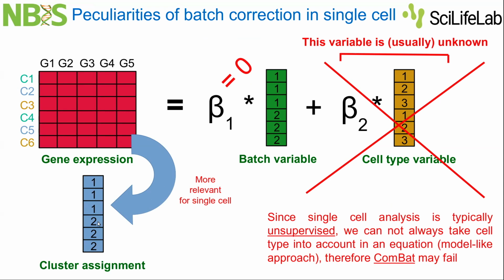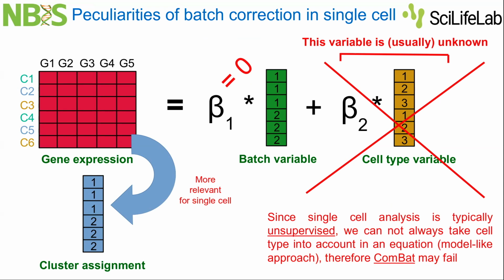So basically, you create another variable that assigns all cells to certain clusters, and you proceed with batch variable removal, approximating your cell type variable with your cluster assignment. So you believe that your cells are assigned to a certain cluster according to their cell type, and not according to batch.